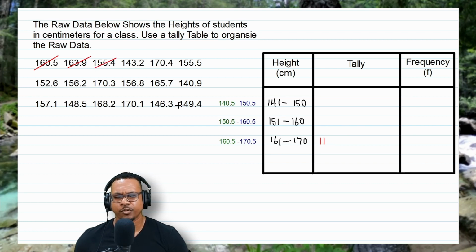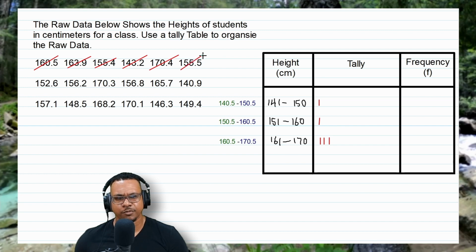Then 155.4, that will fall within here, 151 to 160. 143.2, that falls here. 170.4. So here we go up to 170, but notice the upper class boundary is 170.5, which will contain this 170.4. So I'm going to put the stroke here.